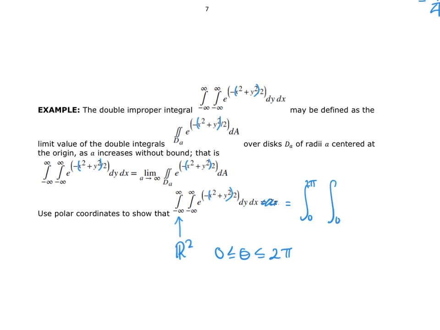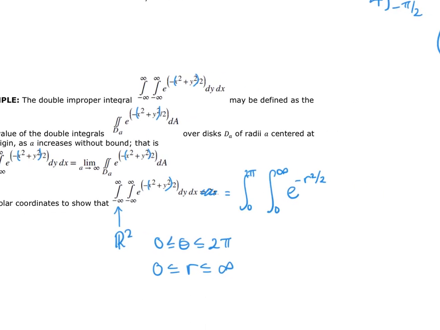And then we have from 0 to infinity, because we know our r is bound between 0 and infinity. We have e replaced with a negative x squared plus y squared, which is equal to r squared all day long divided by 2. And then it's going to be r dr d theta.